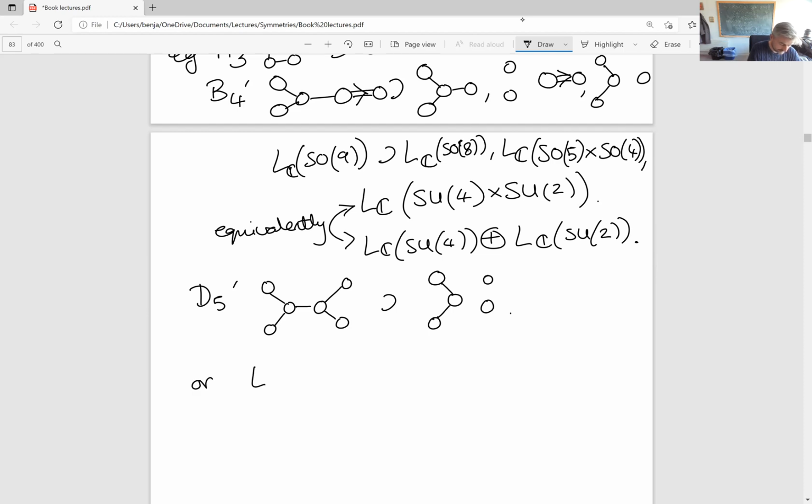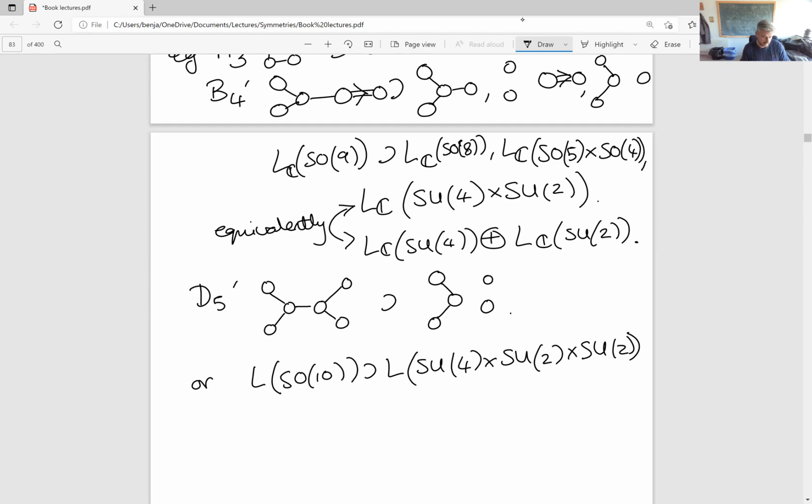So the original D5 is LSO10, and it turns out that a maximal regular subalgebra of this is what's called Pati-Salam. So this is important in terms of grand unified theories.